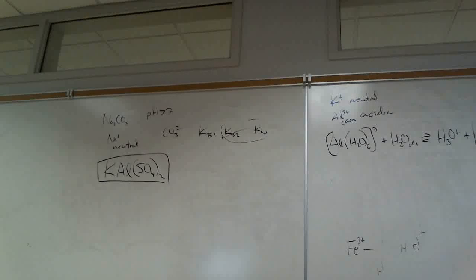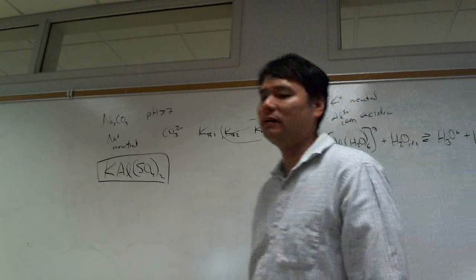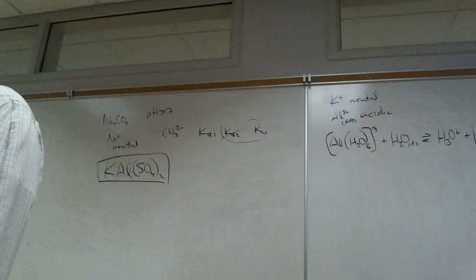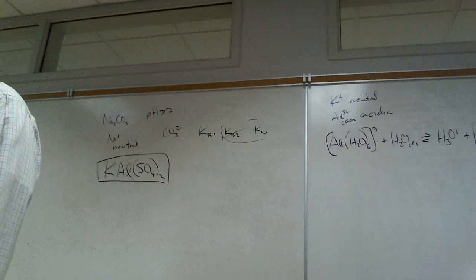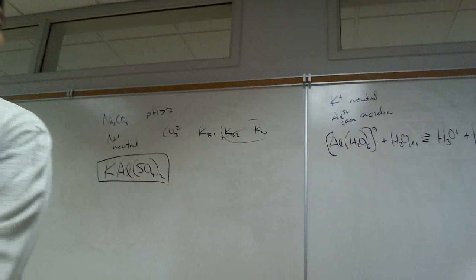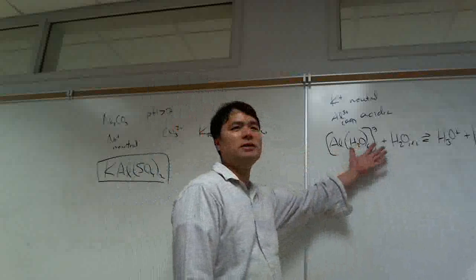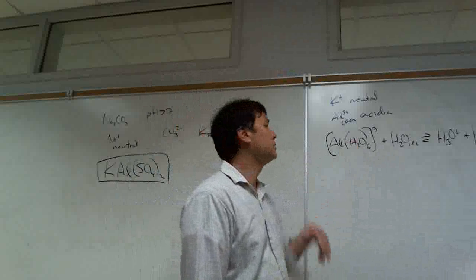1.1 times 10 to the minus 5. Acetic acid is 1.8 times 10 to the minus 5. Which one is more acidic, acetic acid or aluminum ions? Acetic, but not by much. I mean, they're pretty close, right? So this is a comparable acidity to acetic acid.